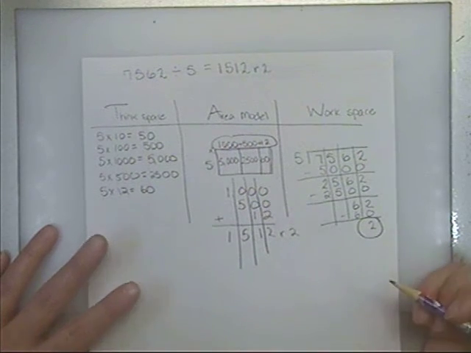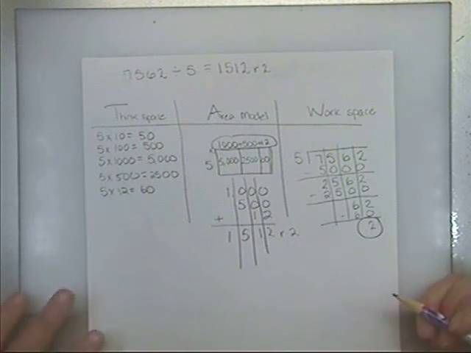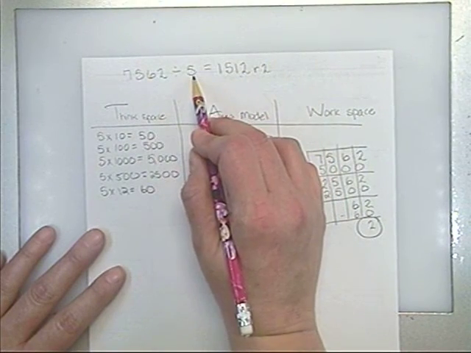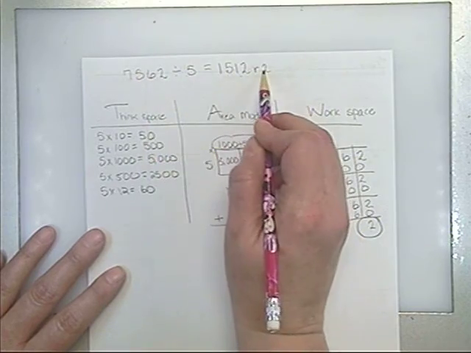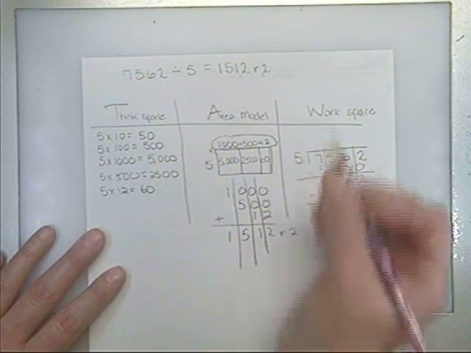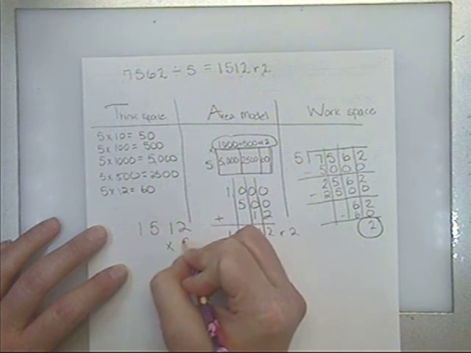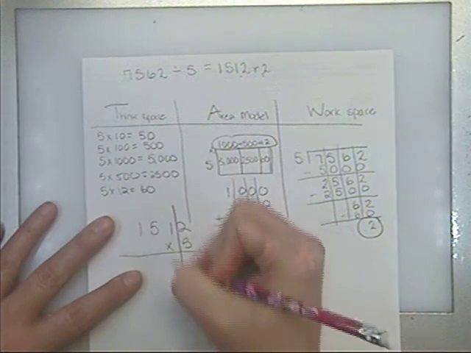Now we know that we can check our work to see if we are accurate by multiplying our quotient by our divisor, and adding our remainder in. So I can use the traditional algorithm to multiply.